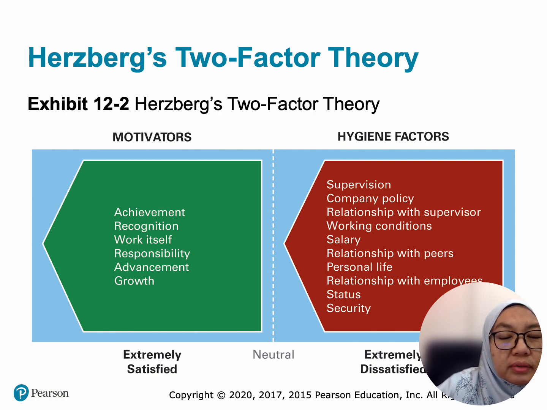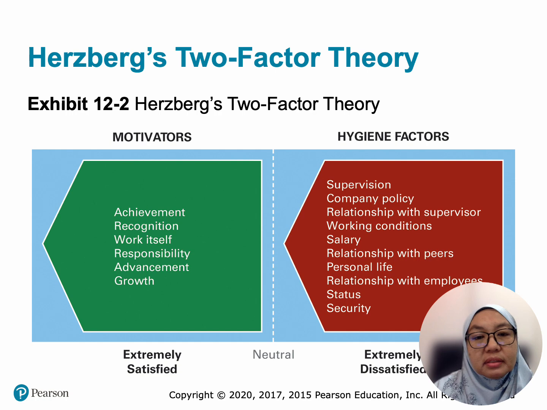And on the right hand side is hygiene factors, which is supervision, company policy, relationship with supervisor, working conditions, salary, relationship with peers, personal life, relationship with employees, status and security.